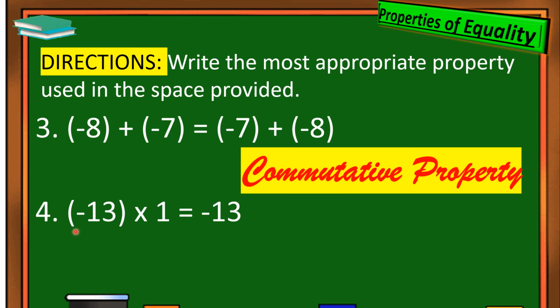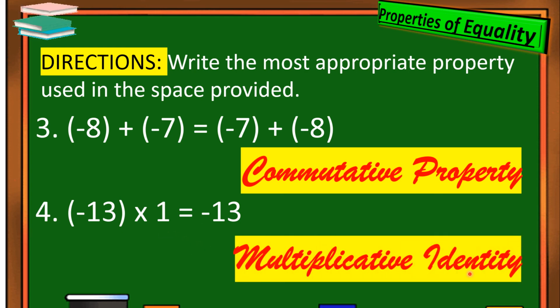Next, number 4, we have negative 13 times 1 is equal to negative 13. Minultiply siya sa 1. So, 1 is our identity element. Sa multiplication. So, therefore, the answer is multiplicative identity kasi multiplication to.